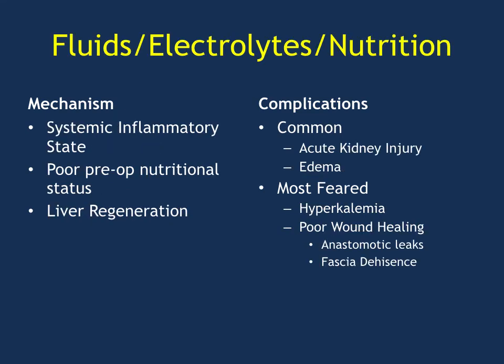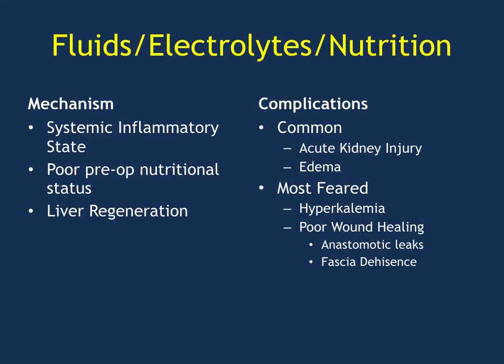Fluid, electrolytes, and nutrition. Again, it's a systemic inflammatory problem that results in leaky capillaries throughout the entire body, and poor pre-op nutritional status can cause problems, and liver regeneration for patients with hepatectomies is also a factor. So common complications are dehydration, pre-renal states, and even acute kidney injury, as well as edema.